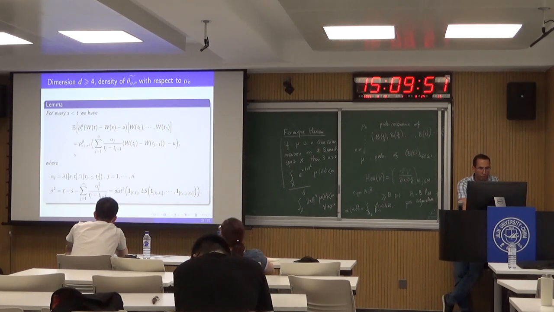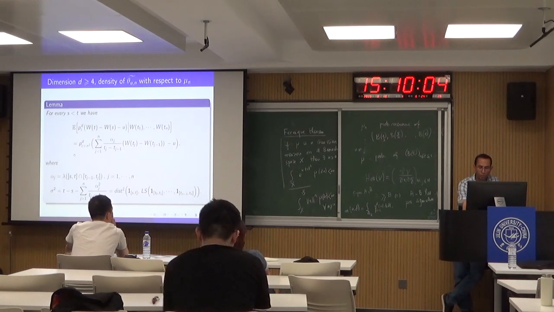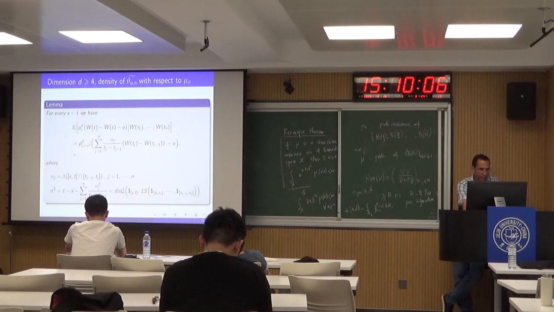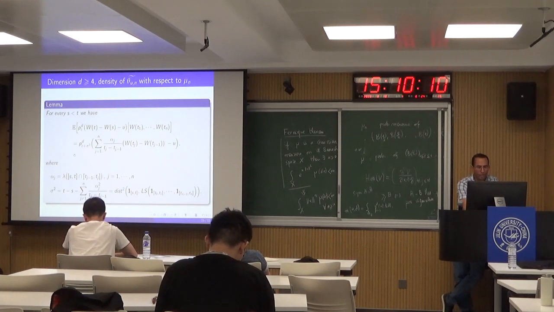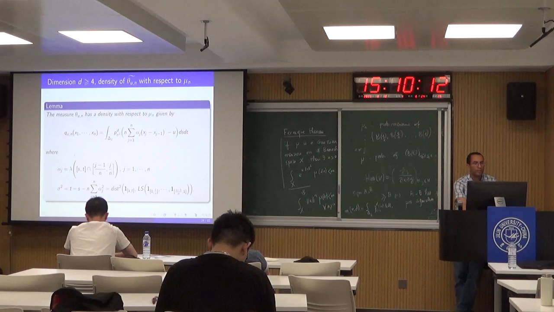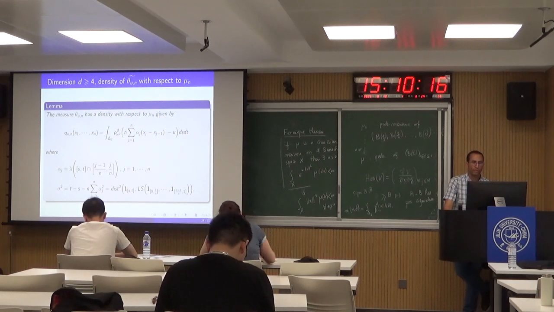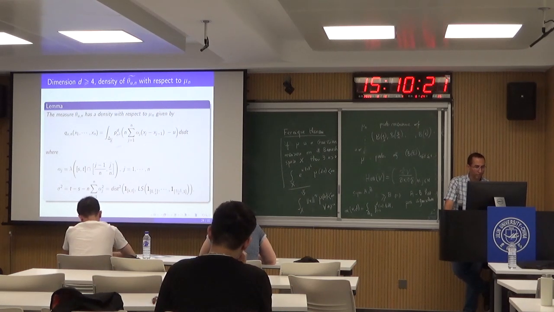This result is needed to define the density of theta un with respect to mu n. If you remember, this density is needed in the Laurent inequality. Now, the measure theta un has a density with respect to mu n, given by the following expression.